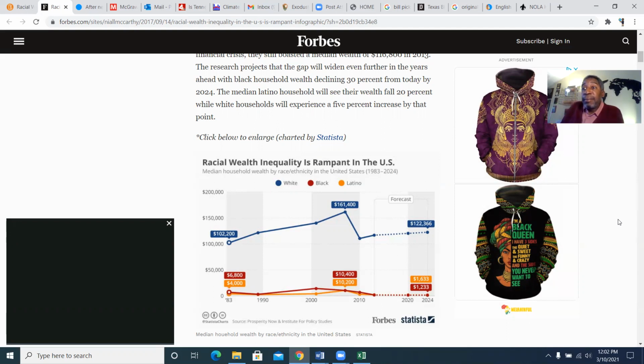But that's not the way that most wealthy people become wealthy in this country. Most wealthy people become wealthy in this country because somebody died and left the money, right? So if you look at this chart, if Black people die on average, what are you going to get? Maybe enough of an insurance policy to pay for the funeral? Are you getting any property? Probably not. Are you getting any money?